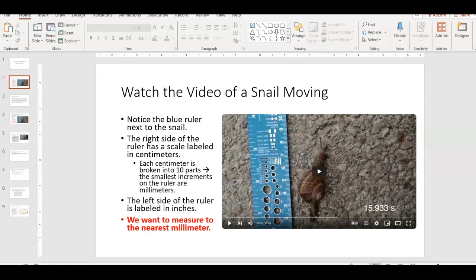Notice that each centimeter, like the distance from 5 to 6 centimeters, is broken into 10 parts. So each one of those small increments is identifying a millimeter. And we want to measure to the nearest millimeter. The time information is given over on the right with that little clock.